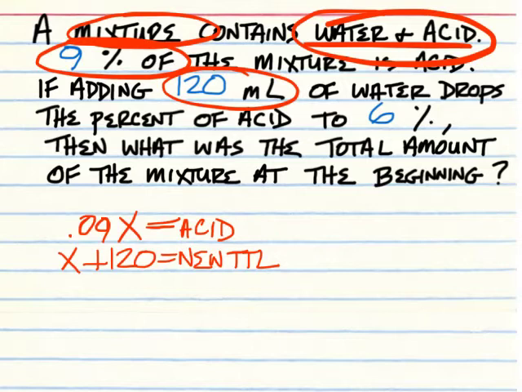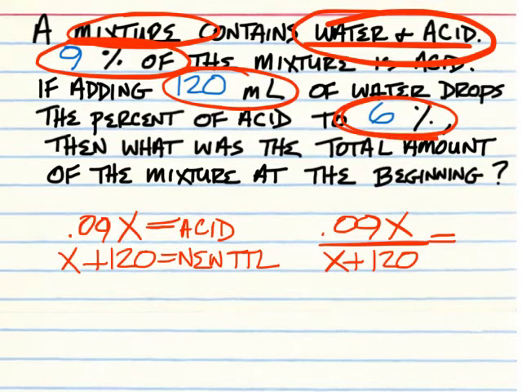And just like the previous problem, you're going to have to divide your amount of acid, 0.09x, by the new total, which is now X plus 120. That will equal the new percent, which is 6. 6% as a fraction is 6 over 100.